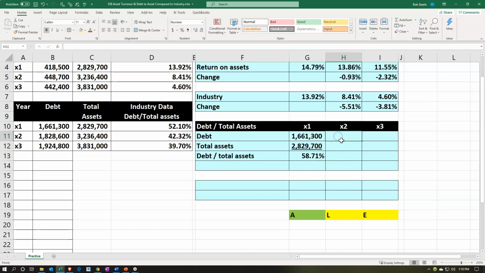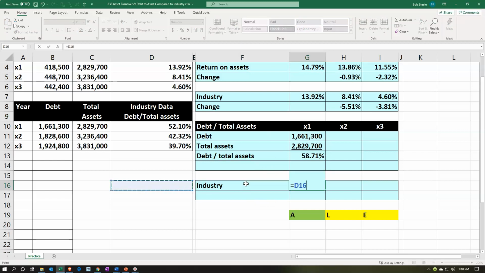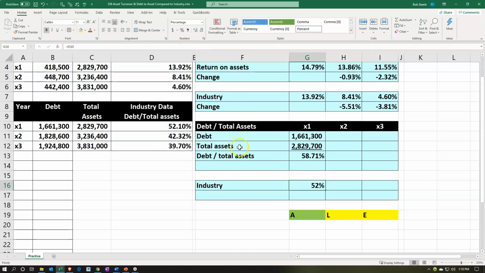So then if we say year 2, or if we compare that to the industry, let's compare it to the industry now. Say industry. We're going to say the debt to assets, and I'm going to make this a percent, home tab number percent, and let's add a couple decimals.